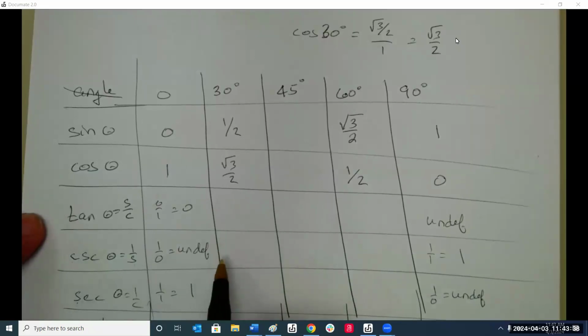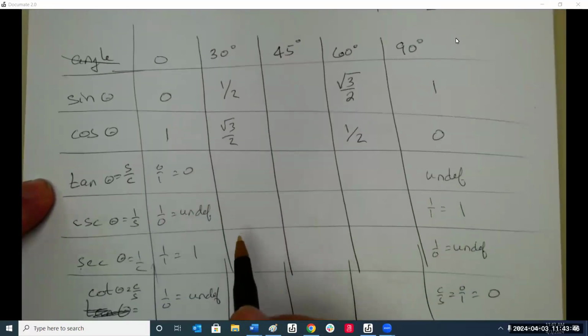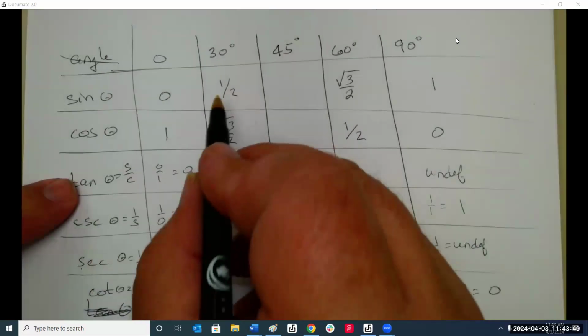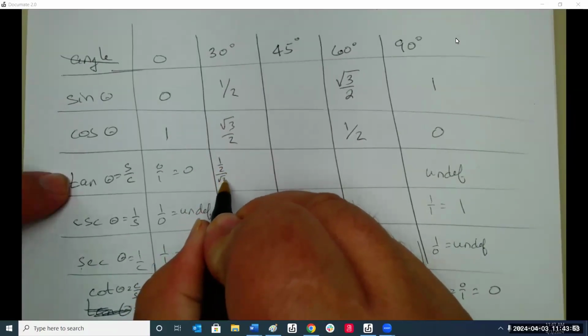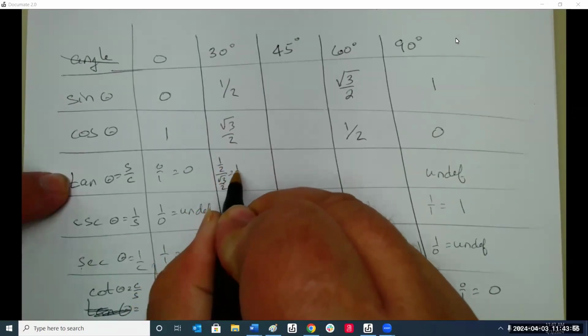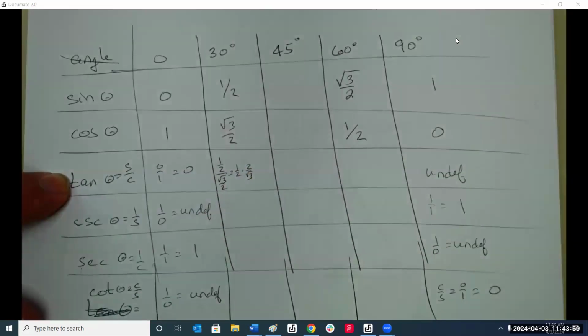What's tangent going to be of 30 degrees? Right, it's going to be 1 over 2 divided by square root of 3 over 2. 1 over 2 times 2 over square root of 3.